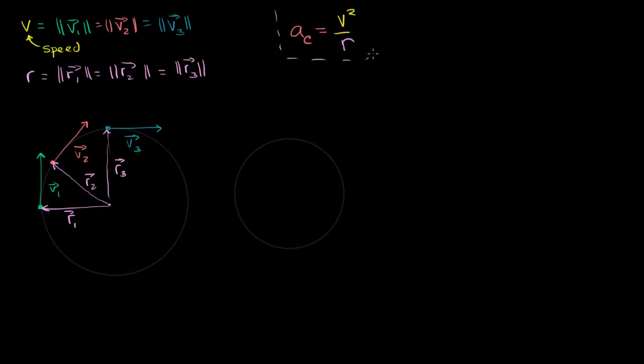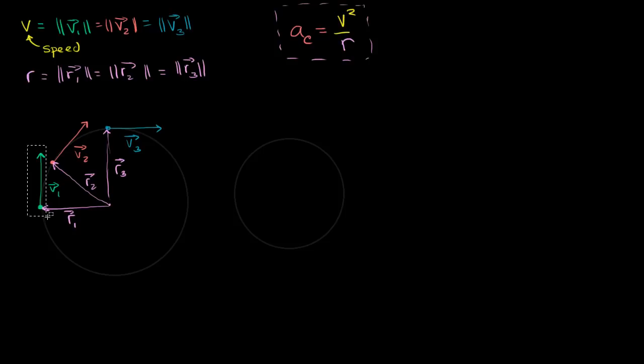This is what I want you to feel good about, that this is indeed the case by the end of this video. And to understand that, I want to replot these velocity vectors on another circle and just think about how the vectors themselves are changing.